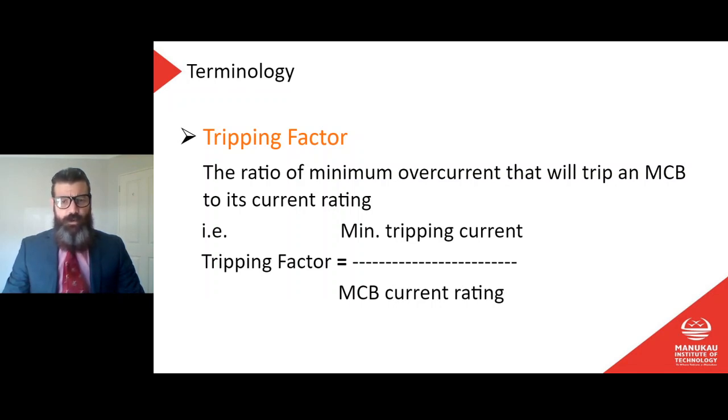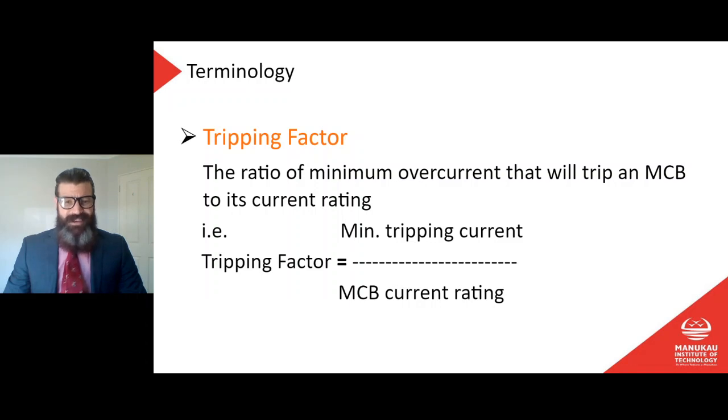That means when the minimum tripping current goes up, tripping factor goes up also. Tripping factor is inversely proportional to the MCB current rating. If the MCB current rating goes up and the minimum tripping current does not, then the tripping factor will go down. So if MCB current rating goes up, tripping factor goes down. If MCB current rating goes down, tripping factor goes up.